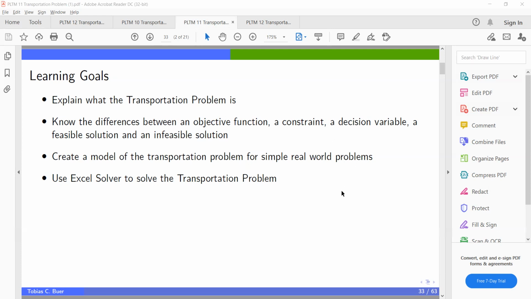I wish you the best of luck for this quiz. And of course, the final exam: I asked that we have the final exam in the lab. So we will have it similar to the logistics management course last semester, that you will be able to answer the questions in Moodle.